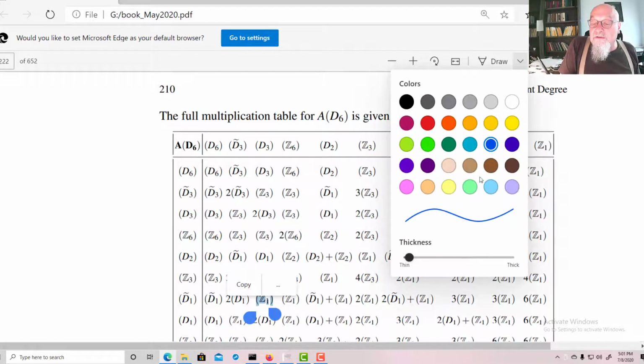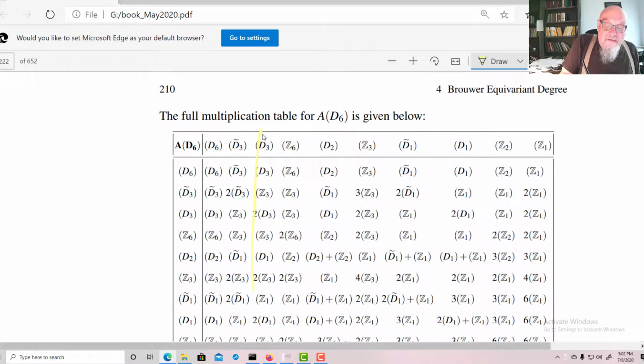Let me show you exactly what it is. I say this and multiply by that one. Yes, I got a Z1, that's 1. Very good. So indeed, we can compute the Burnside ring using this computer.